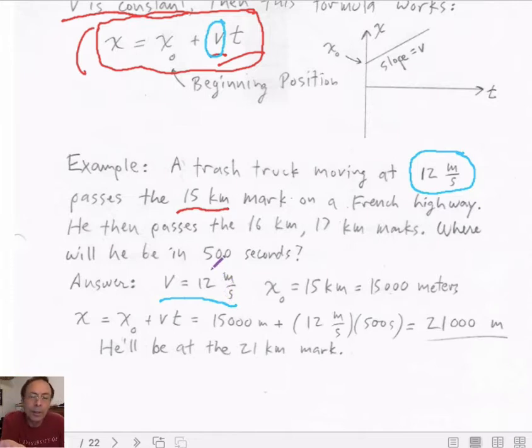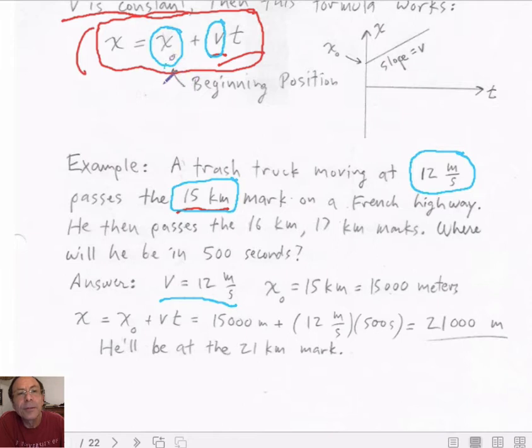When you're doing homework problems and you're stuck, or you're doing a quiz problem and you're stuck, a good thing to do is to write down the pieces that you can match up. So we can match up that v is 12 meters per second. Now, I'm telling you that he passes the 15-kilometer mark, so that's going to match up with x0.